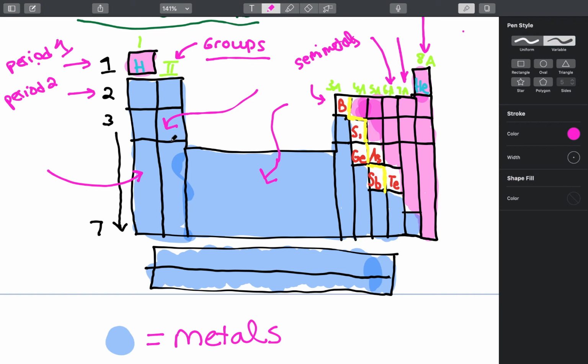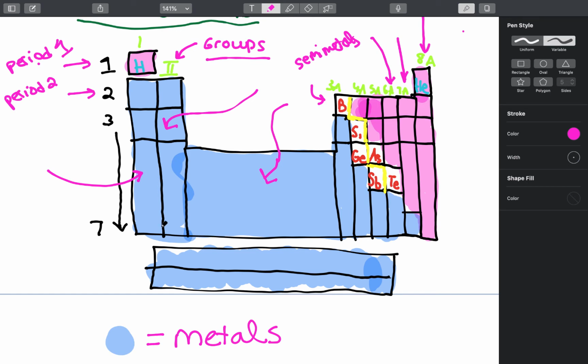So let's label each different area of this periodic table. So let's label this first group. So this first group, group number 1 of the periodic table, this blue shaded region, not the pink shaded region.